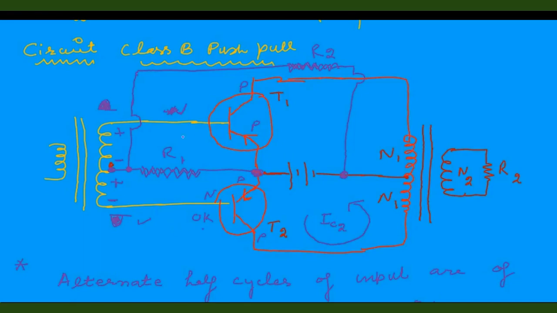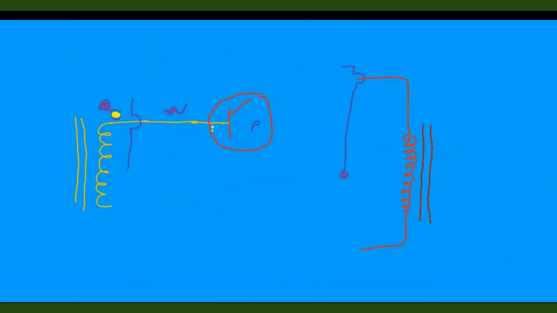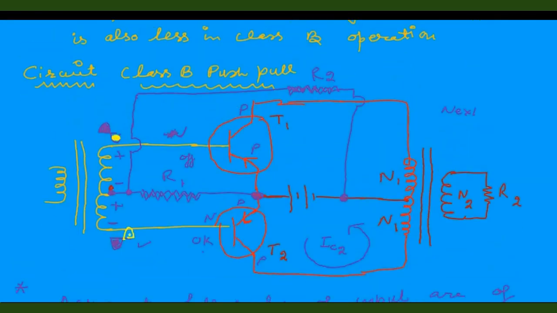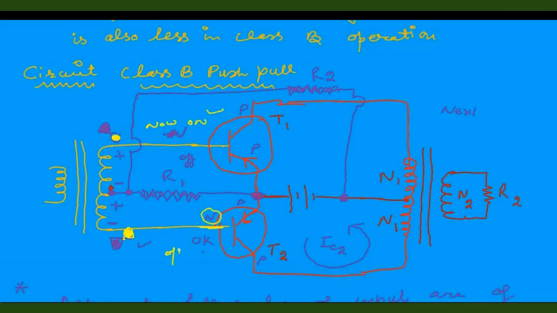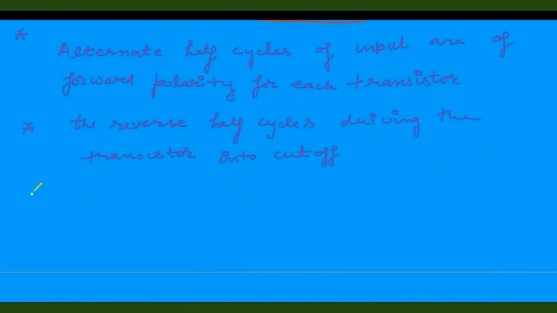Then, for class B operation, the upper transistor remains off. When the upper works, the current IC1 flows, and then the lower becomes off. So each transistor works for one part of the cycle.